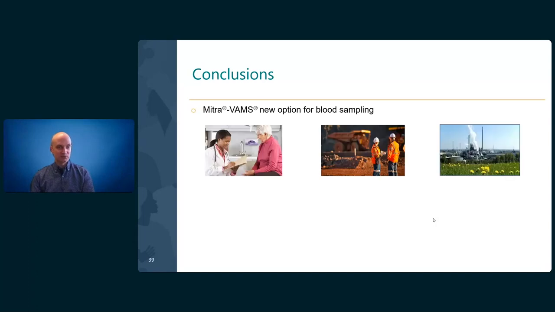So with this in mind, obviously, mitra-VAMS devices become an option for blood sampling in different contexts, either in a clinical one for a regular checkup by physicians, but also in a workplace scenario where we need to follow up and ensure screening of workers, but also in biomonitoring and biosurveillance studies related to environmental contamination. So studies like ICP-MS or other surveys across the country.